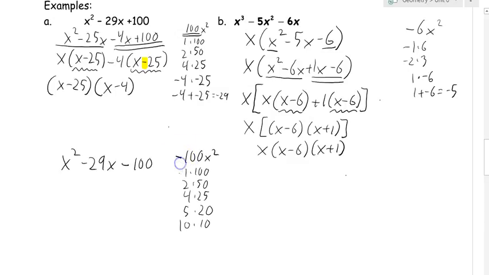Should have been negative 100. There we go. When we add those together, none of them equal 29.